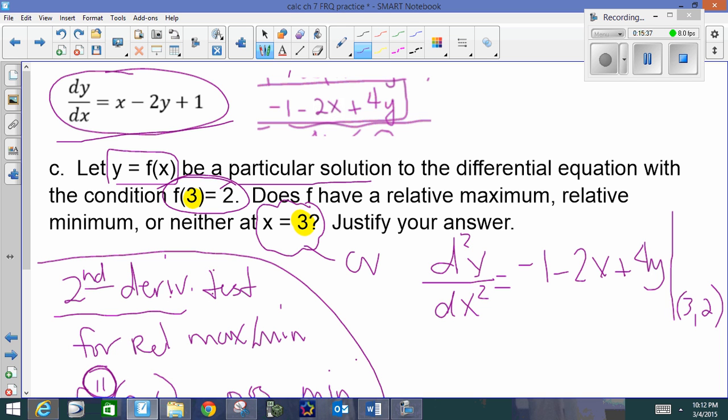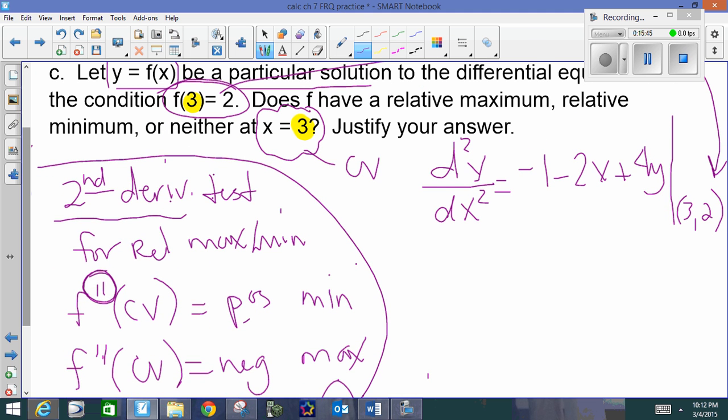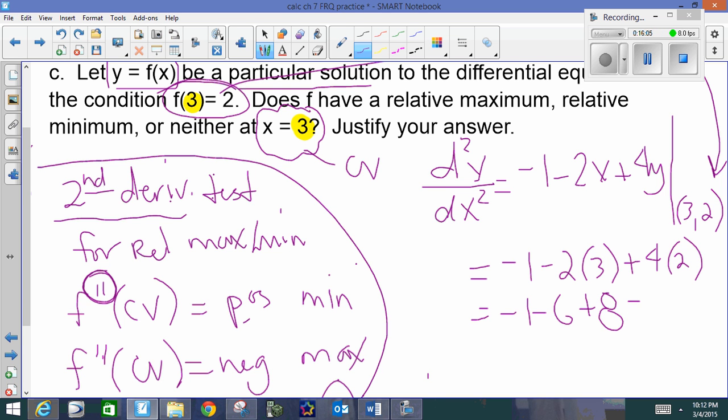That's where we're getting this from here. So we're doing this kind of notation where we just put in 3 for x. All we want to know is positive or negative. So -1 minus 2 times x plus 4 times y. That's -1 minus 6 plus 8, which is going to be, what is that? 1, positive.